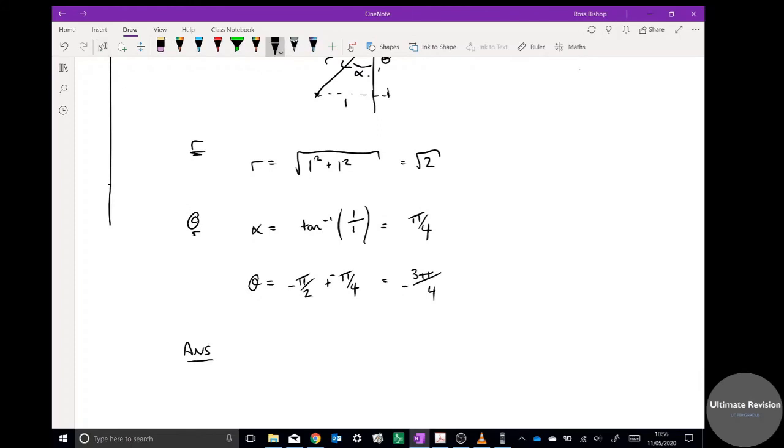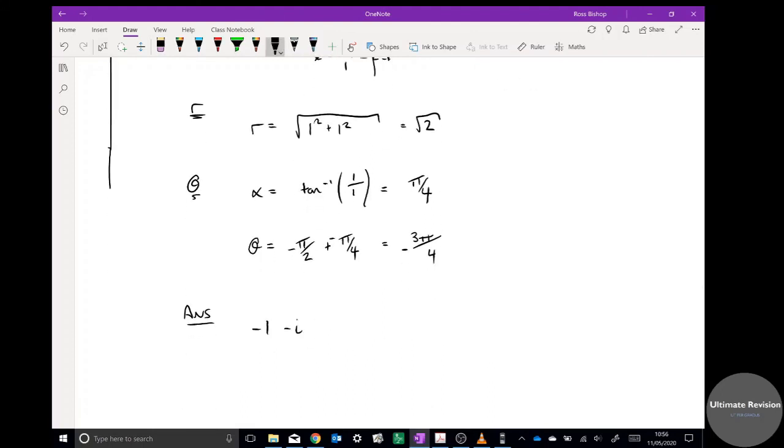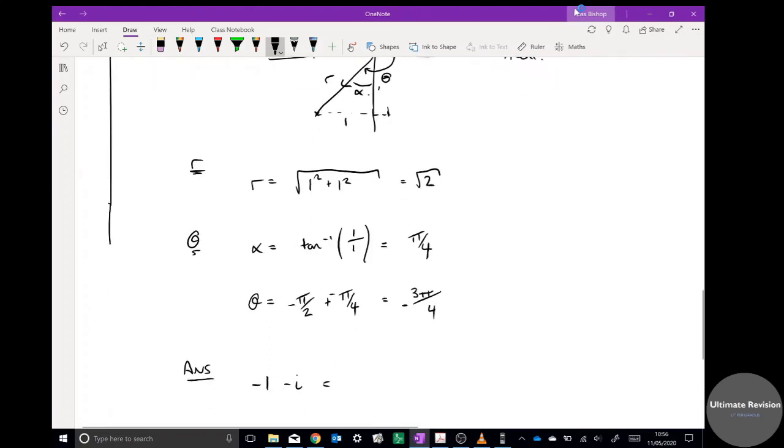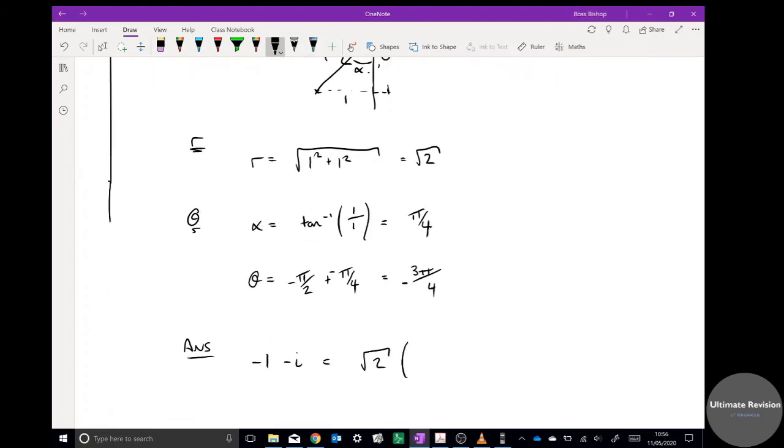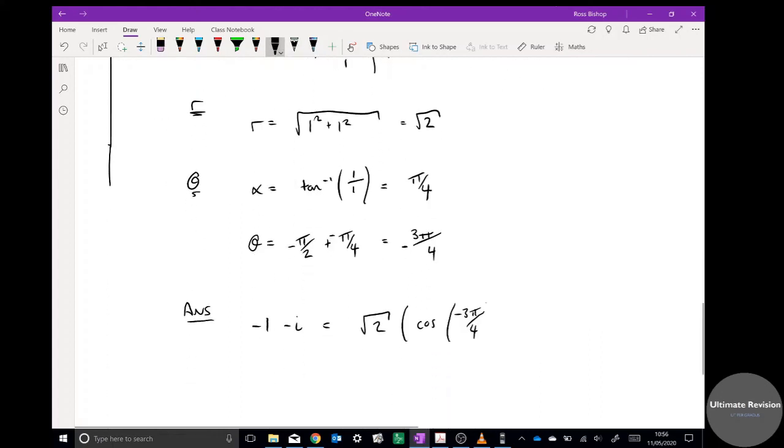My final answer is pretty straightforward: minus 1 minus i must equal root 2 cos negative 3 pi over 4, plus i sine negative 3 pi over 4. Just up here, it would make it very clear that theta's got to be between pi and minus pi. Okay, so that's my final answer.